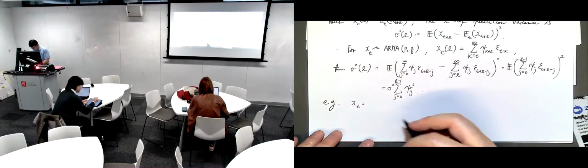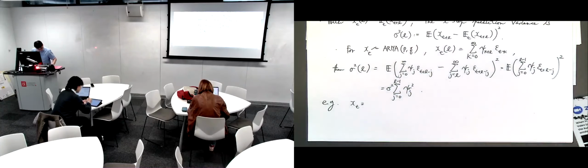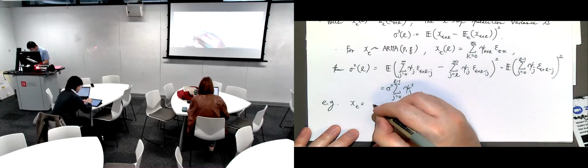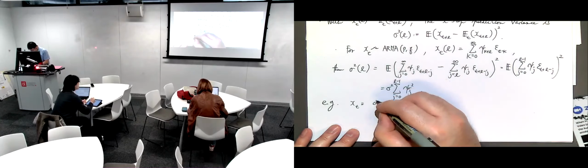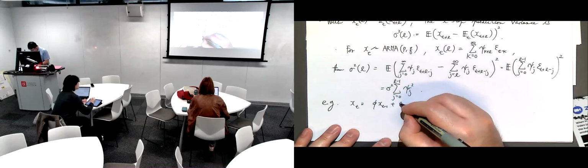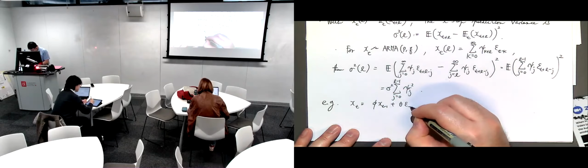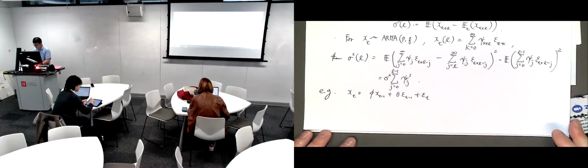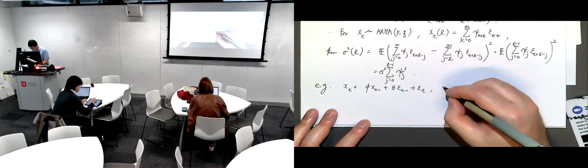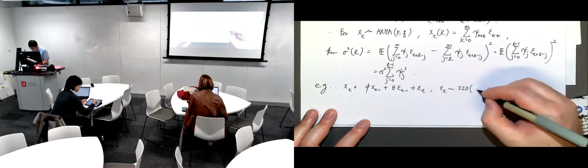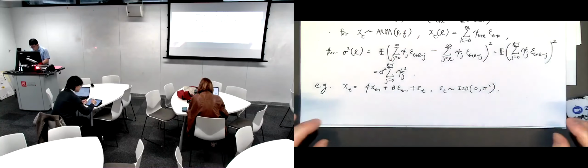Let's say x_t is an ARMA(1,1), so it's phi x_{t-1} plus theta epsilon_{t-1} plus epsilon_t, right? So that's your ARMA(1,1). Again, your epsilon_t is IID with mean 0 and variance sigma squared.